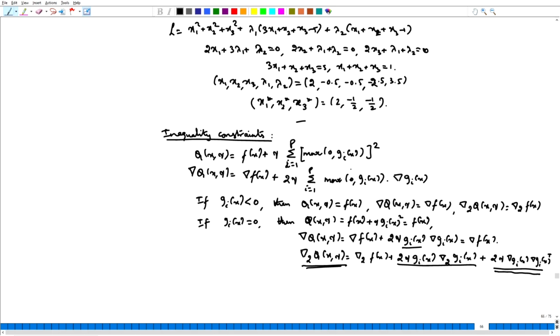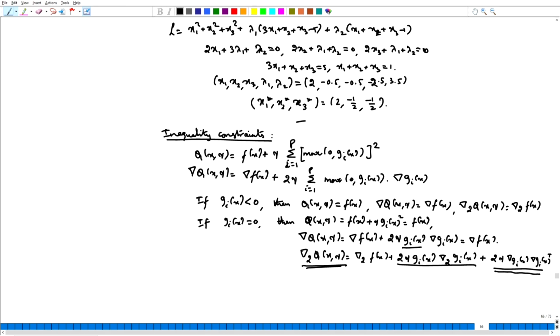So, why is this the case? Because if g of x is less than or equal to 0, we want the penalty to be 0, and if it is greater than 0, we want the penalty to be greater than 0. That is the reason we write it as max of 0 comma g of x.